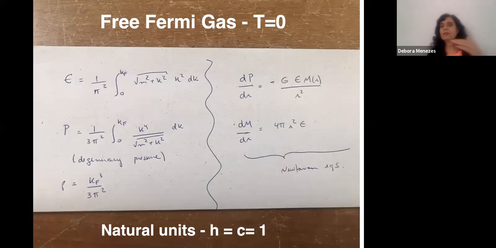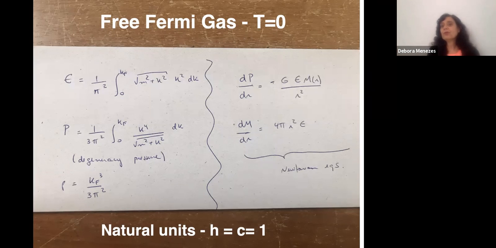We have the filling of the Fermi levels, and k_F is the Fermi momentum, and the degenerate pressure is also related to this, all those simple integrals that can be performed by hand. Okay, once we have this equation of state, we can plug it in as input to the Newtonian equation. So we are not at the TOV equations yet.